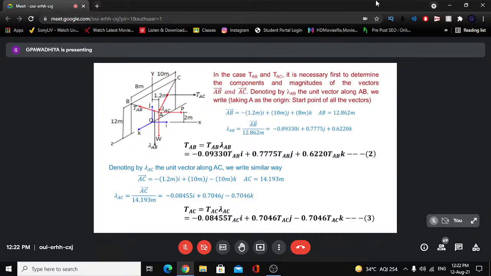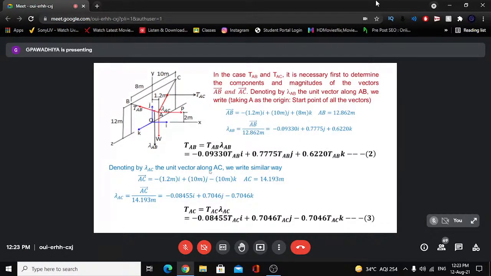The y coordinate of B with respect to the origin at A is 12 meter minus 2, so it is 10 j, and the z coordinate is 8 k, in the positive direction. So this is how we have established the vector AB, and the length of the vector AB will be the square root of 1.2 square plus 10 square plus 8 square. That comes out to be 12.862 meter.